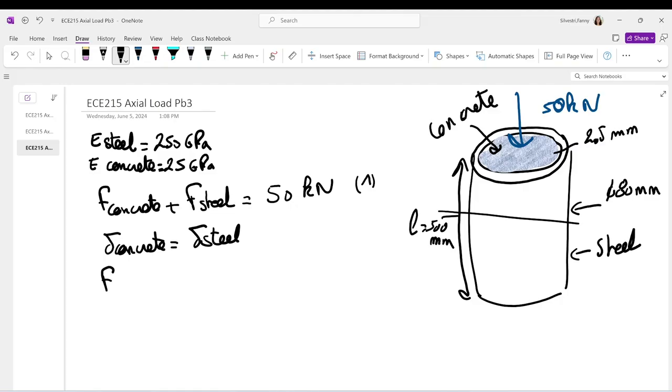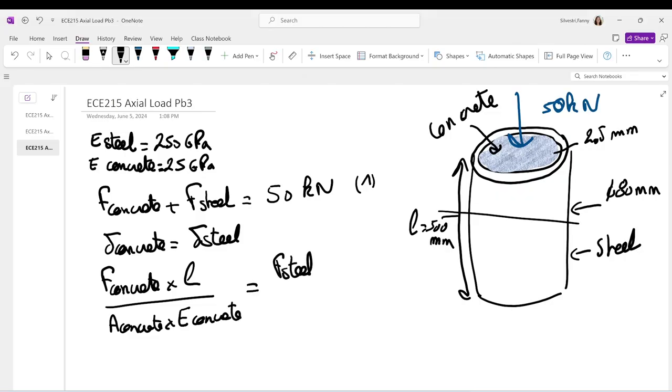We will have the force on the concrete times L divided by the area of the concrete times E of the concrete, equal to the force in the steel times L divided by the area of the steel times the Young modulus of the steel. And we see that L is the same for both of them, so we can get rid of the L.